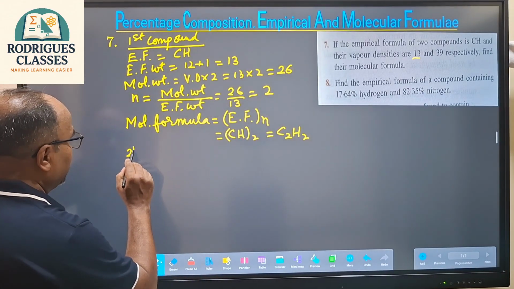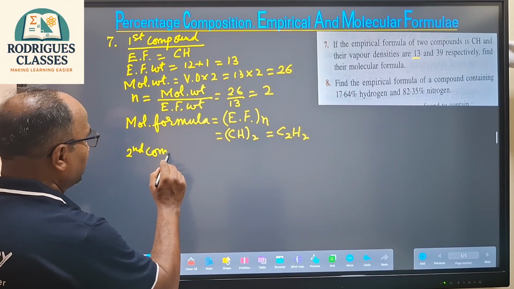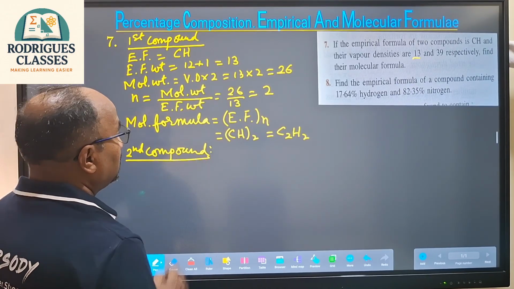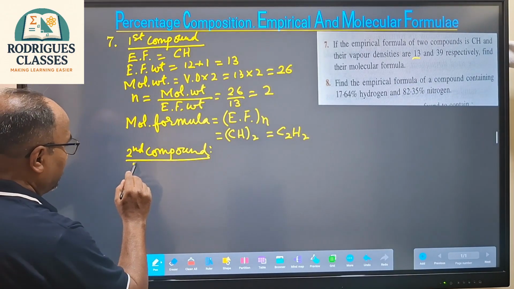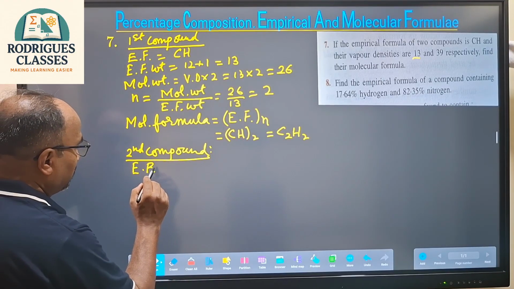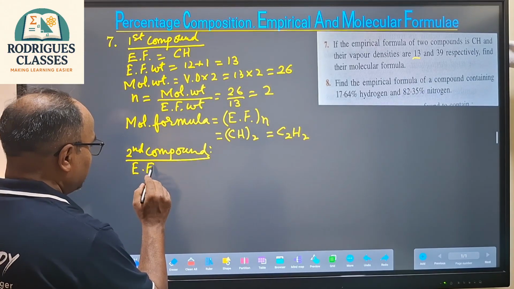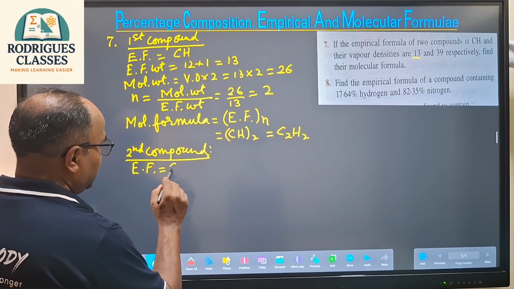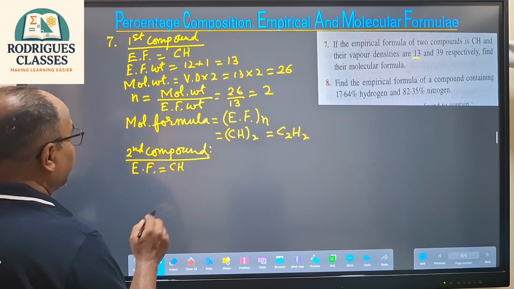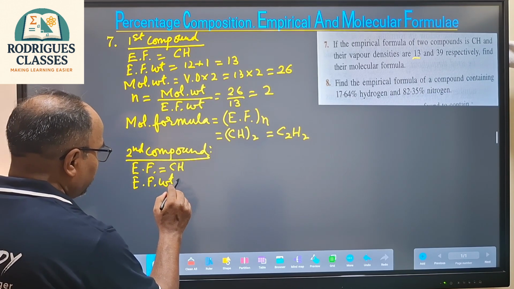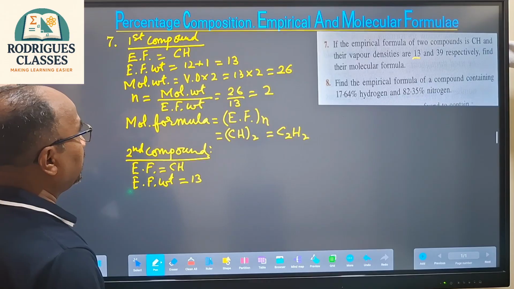Same way we will be doing for the second compound. So empirical formula for the second compound is also given as CH. So we will get the empirical formula weight same. So I am directly writing 13.